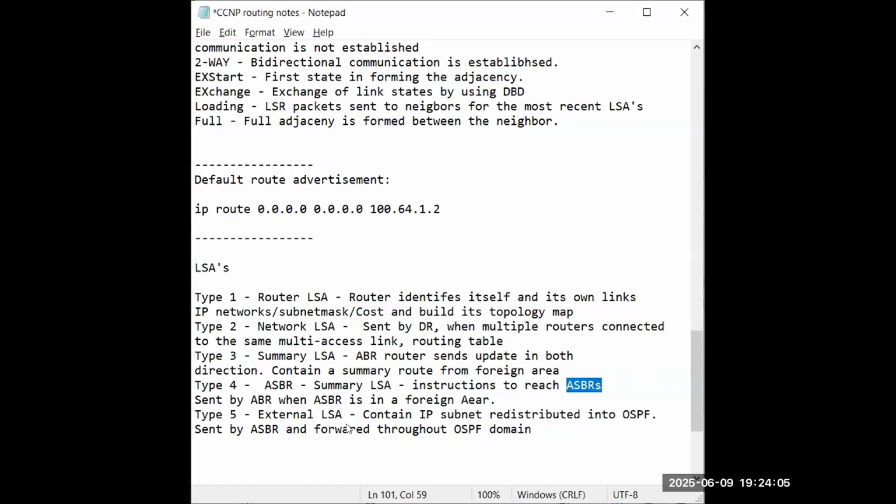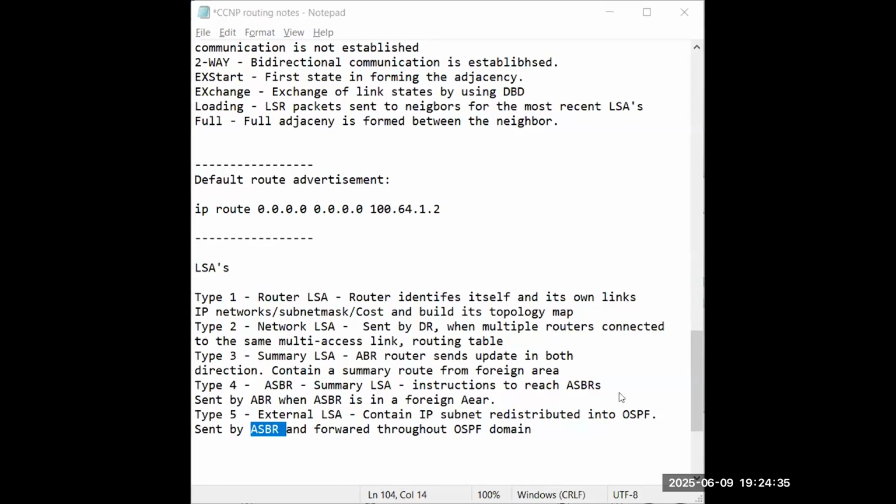And type 5 is external LSA, completely generated by the ASBR router itself, and it's going to be forwarded throughout the OSPF domain. So more or less, type 4 and type 5 are similar types of LSAs where both are external and outside the OSPF domain.